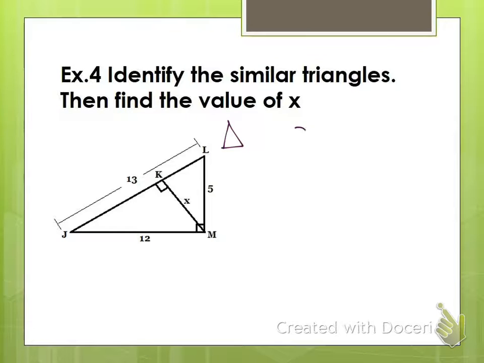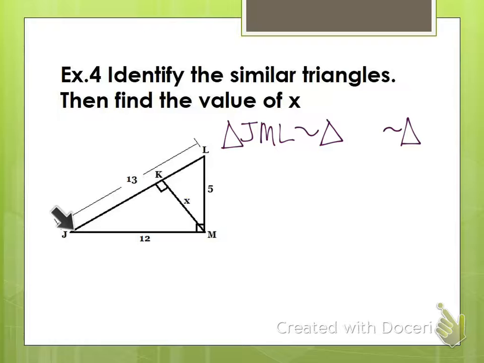We'll start off talking about our triangle similarity. How do you want to name your largest triangle? JML. Okay. Let's name the bigger bottom triangle next.